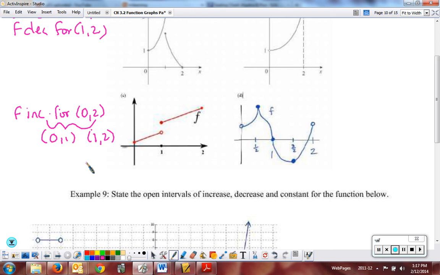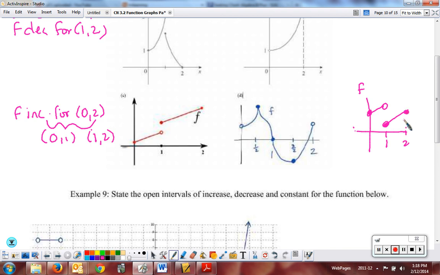What I want to caution you on about putting them together is this. What if this is my function? Let me do the same kind of 0 to 2 thing. So it starts there and ends there. So it goes from here, that's 1, and that's 2.